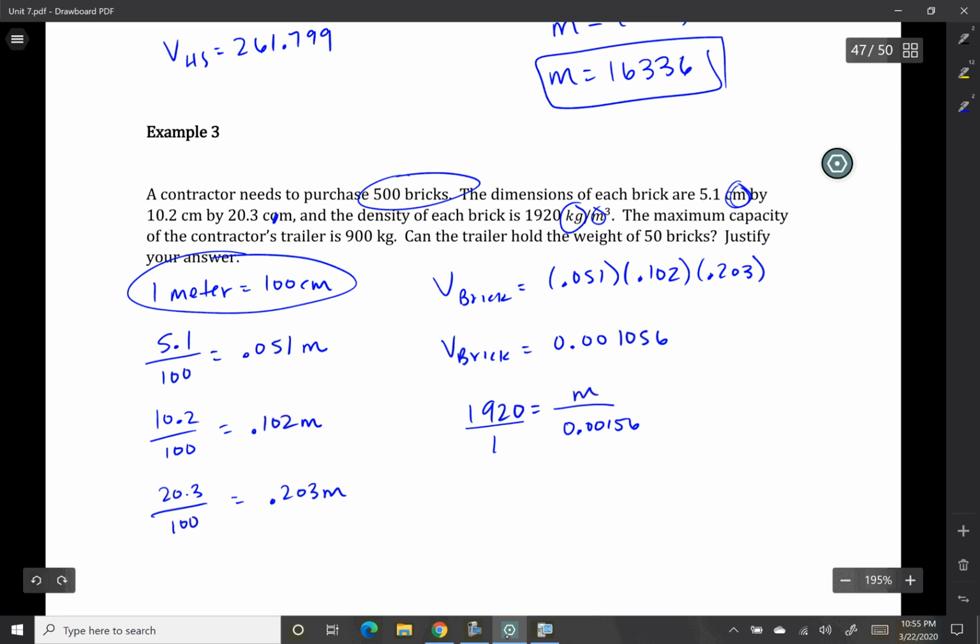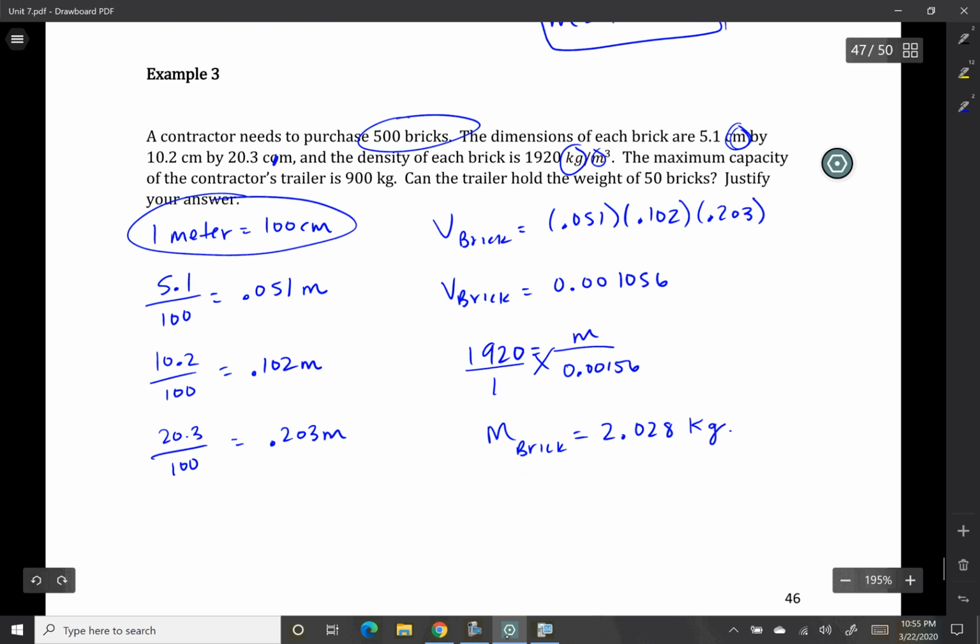Again, just like we did on the previous problem, cross multiply. So the mass of one brick is going to be whatever that number is in your calculator times 1920. So one brick is going to be 2.028 kilograms.